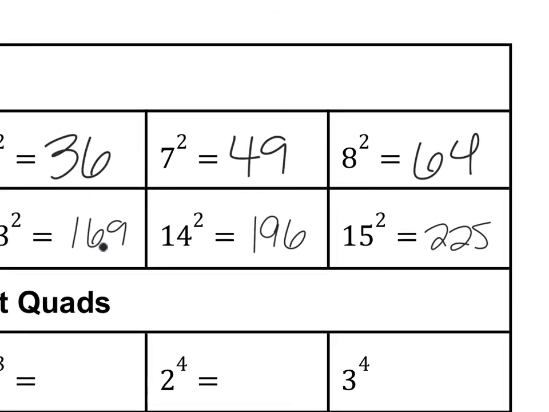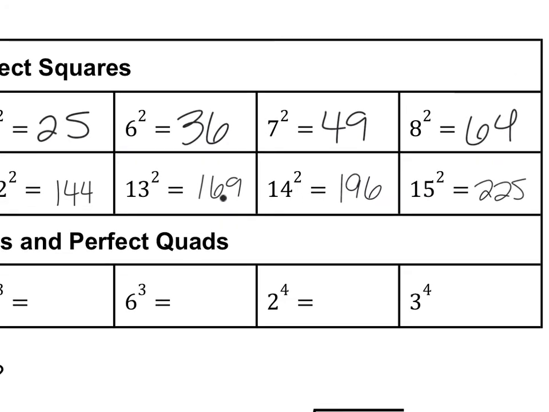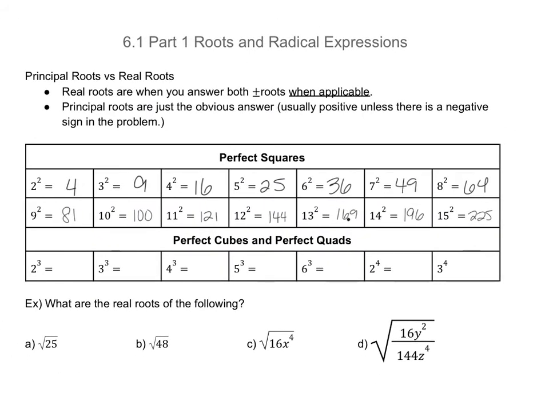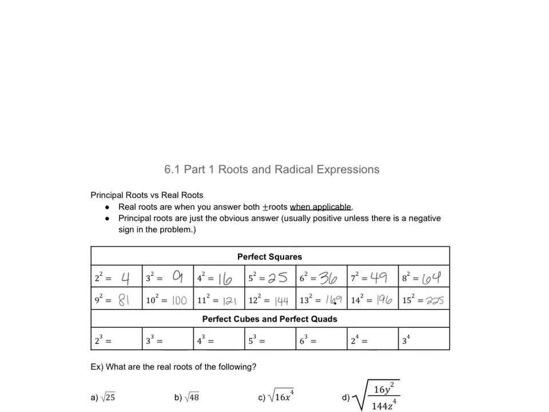And there are more. If you're in my classroom, they're at the top of the board. It says perfect squares, so you can look there. We've done some stuff with perfect squares, and there's more that we're going to do, but I'm going to stop with the perfect squares.